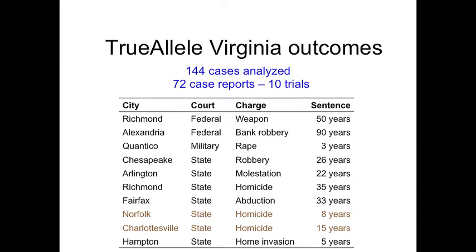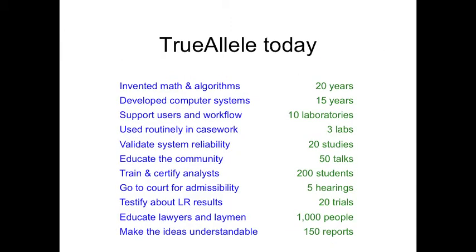So where's TrueAllele today? 20 years ago, we first invented the math and the algorithms, developed the computer systems. There are now about 10 laboratories that we're supporting that have users and are developing various workflows. There are 3 labs that are now using TrueAllele routinely in casework.